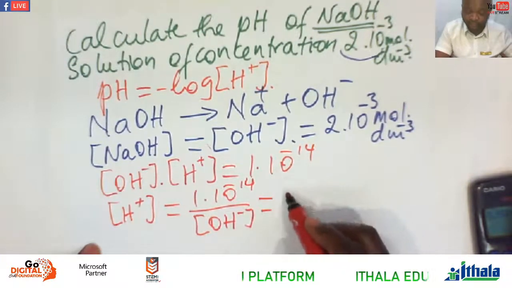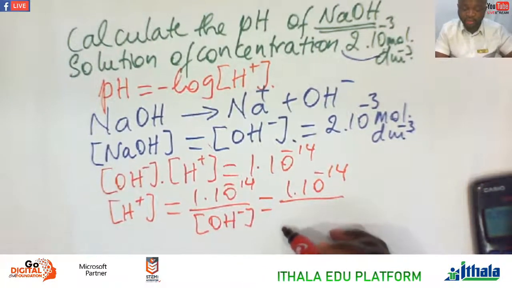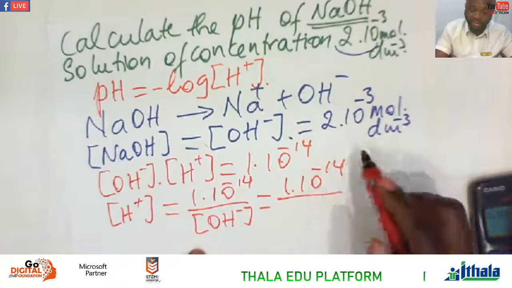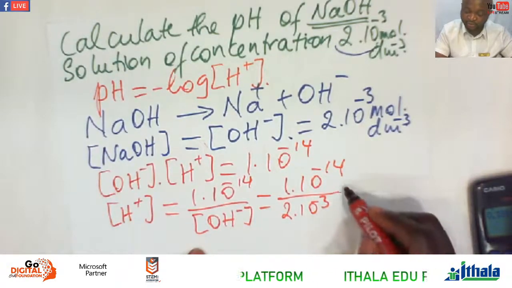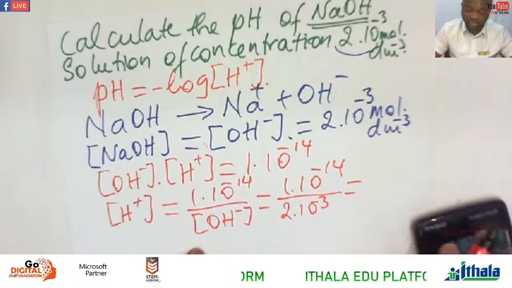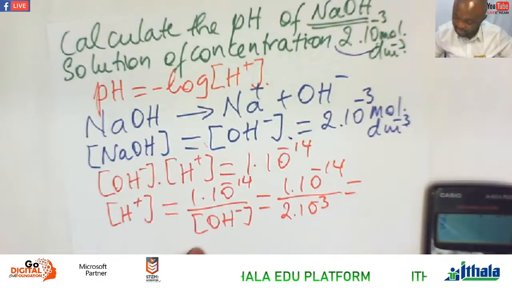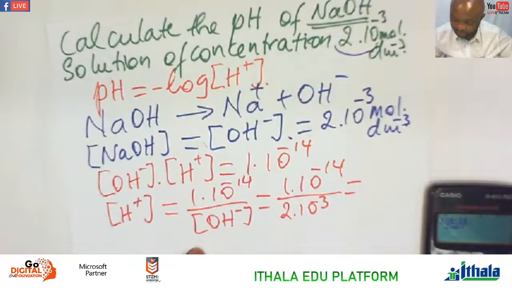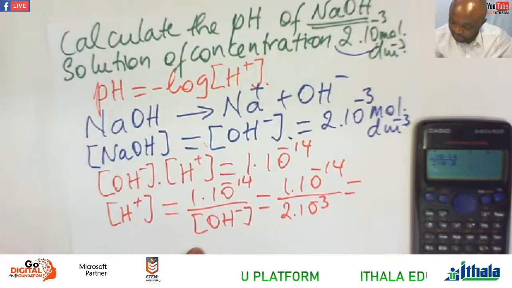And that will be 1 times 10 to the power negative 14 over the concentration of OH minus, which is 2 times 10 to the power negative 3. Let's see what the concentration gives us: 1 times 10 to the power negative 14 divided by 2 times 10 to the power negative 3.